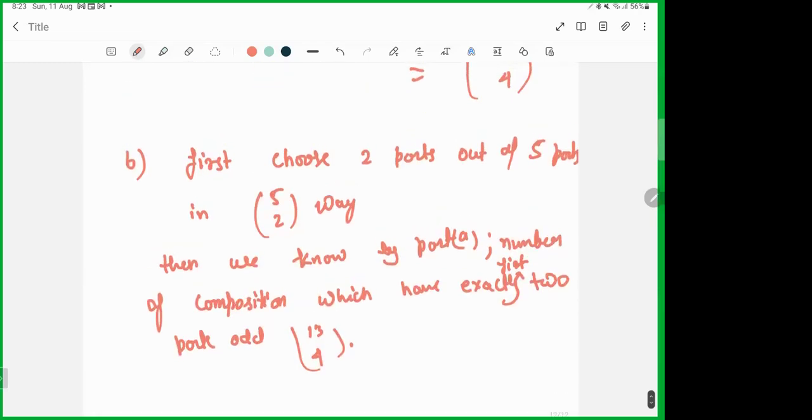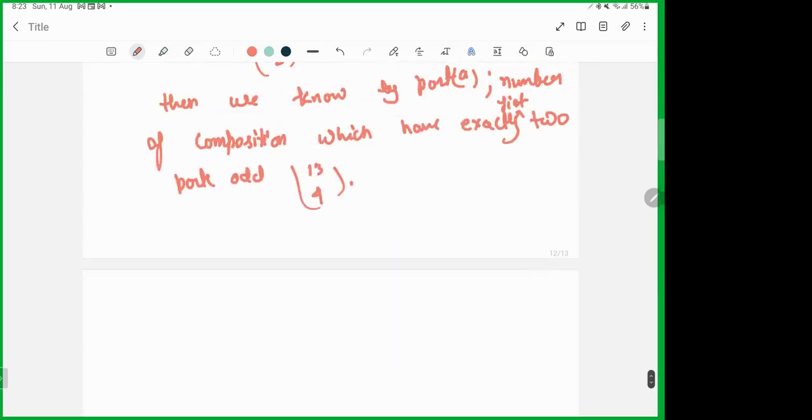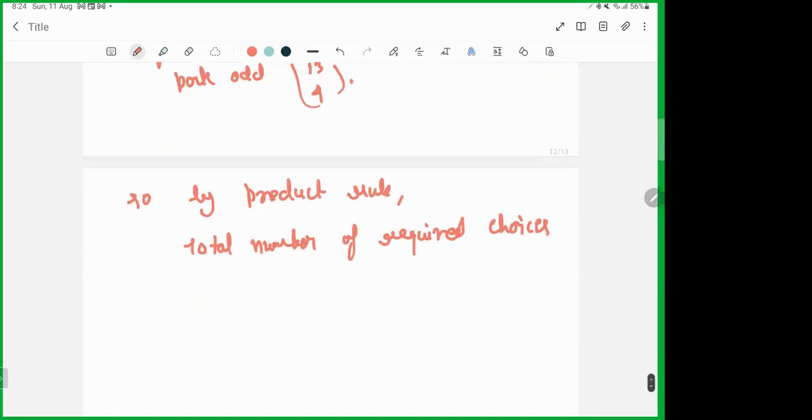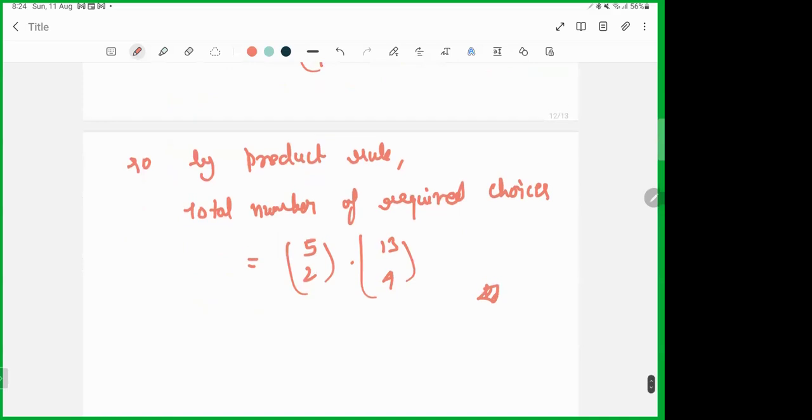So by the product rule, the total number of required choices is 5 choose 2 into 13 choose 4. So this is the answer. We are done. So this is easy. Yes.